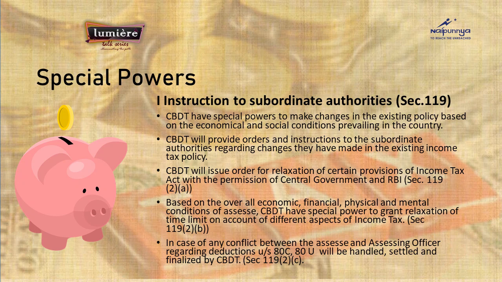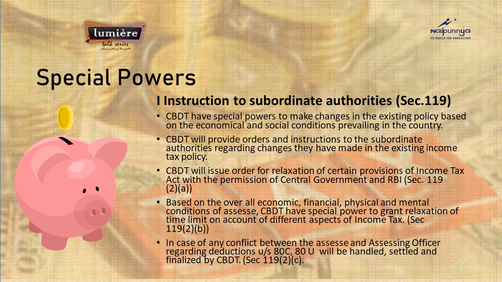So here you can say that the CBDT will grant a relaxation of time limit if they find that a particular assessee is suffering from a certain problem which is related to mental or physical health, or he has a financial or economic problem.